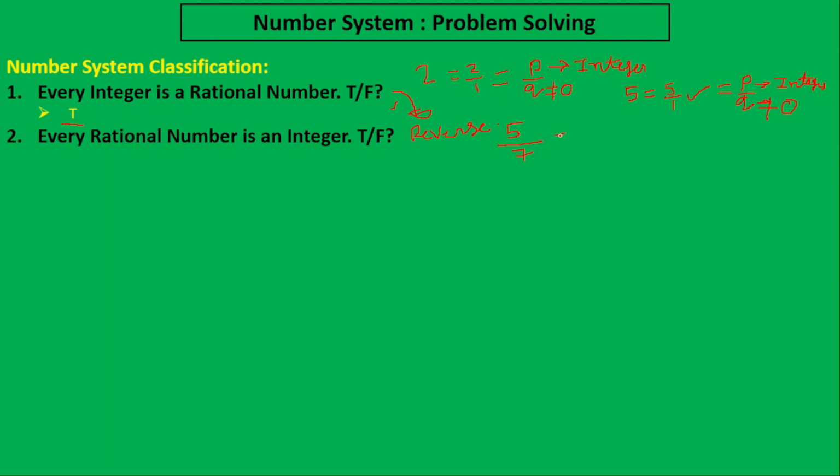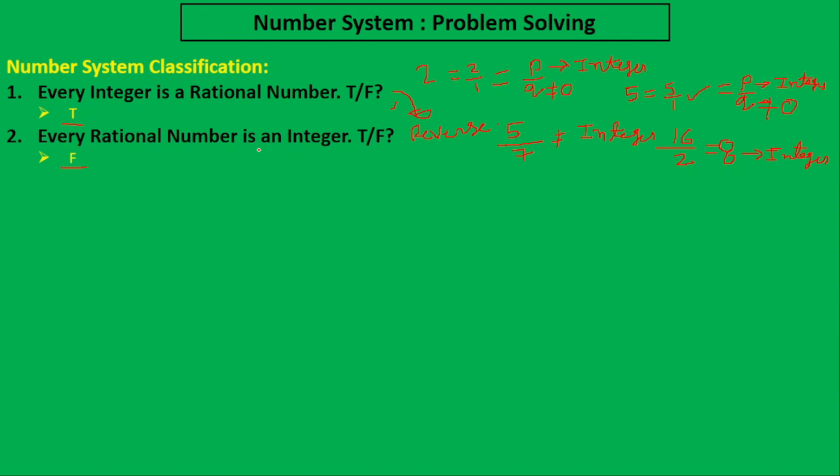Hence every rational number is an integer is a false statement. But 16 by 2 is a rational number and it's an integer also. So sometimes some rational numbers are integers but not always. False. Next question.